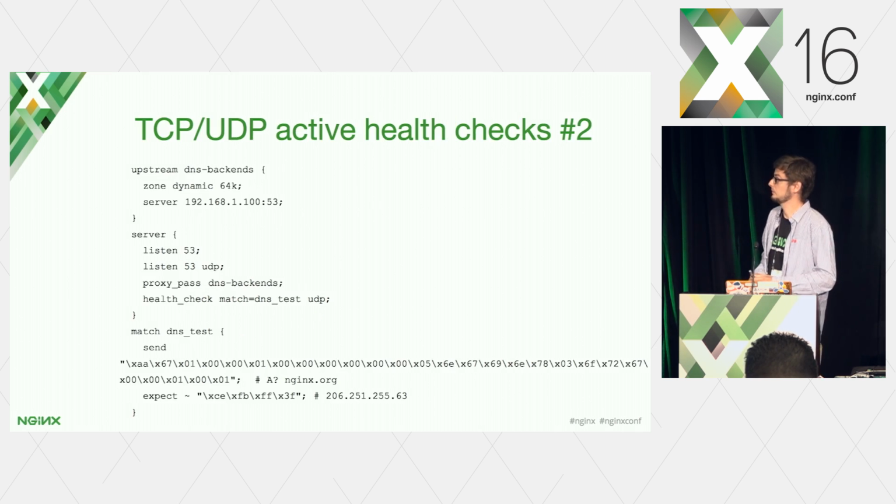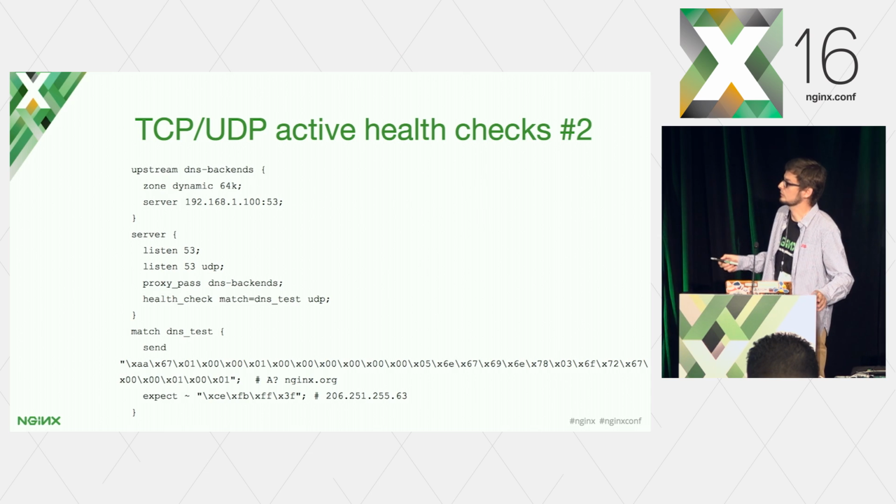All right, but of course in the TCP and UDP world, you don't usually get to use clear text protocols, and for instance, for DNS, if you're implementing a health check, it's necessary to send hex encoded data.